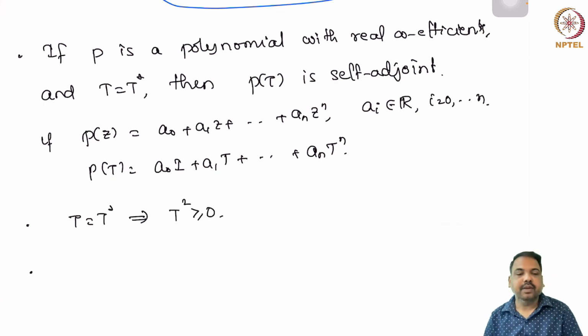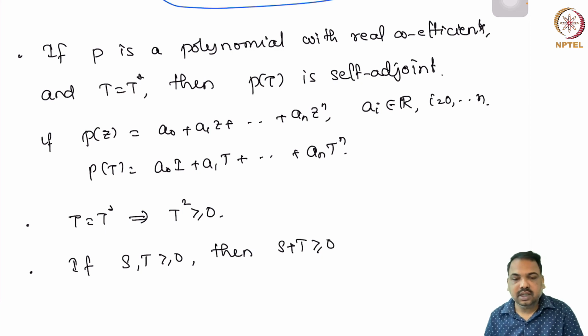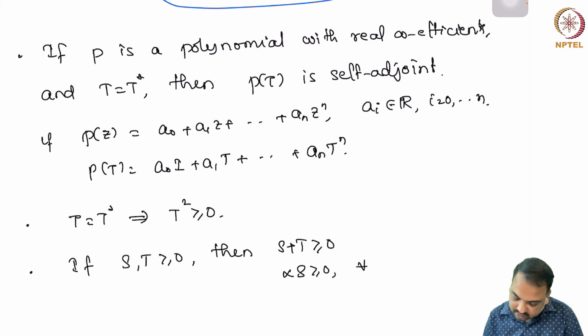And one more simple observation is that if S and T are positive, then S plus T is always positive. This directly follows from the definition of positiveness, and alpha S is always positive for every alpha bigger than 0.